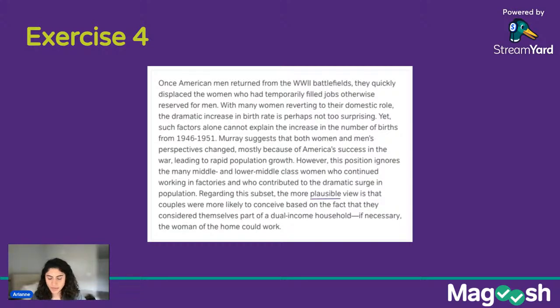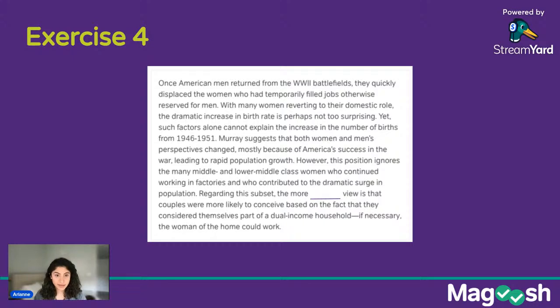Okay, that should be about 1 minute. And remember, we're trying to see what plausible most resembles. So we put in our blank, and we try to figure out what we can substitute that blank with.